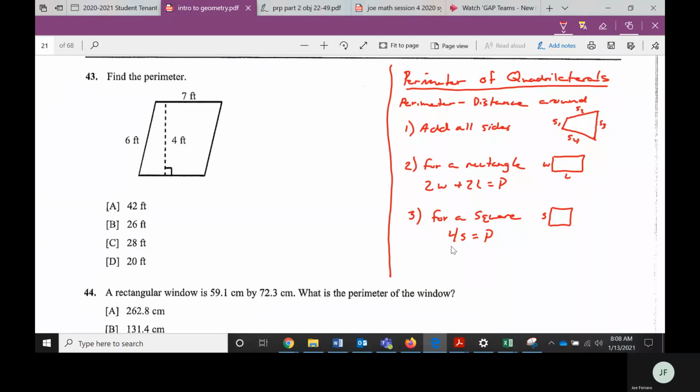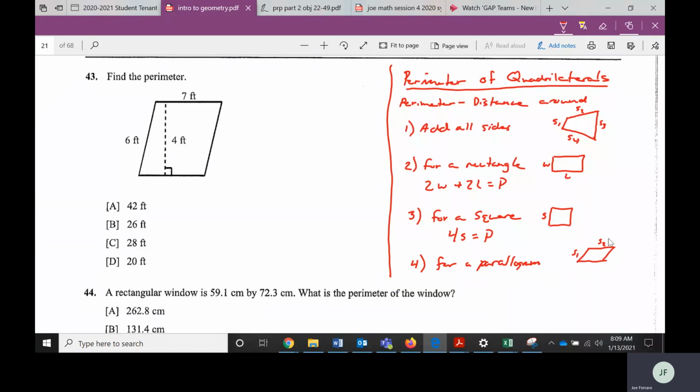And then for a parallelogram, I forget how to spell parallelogram. A parallelogram is kind of like a rectangle. It looks like this. We can name the sides side 1 and side 2, and the opposite sides are the same.